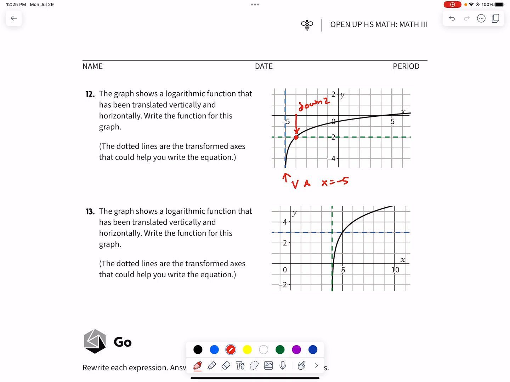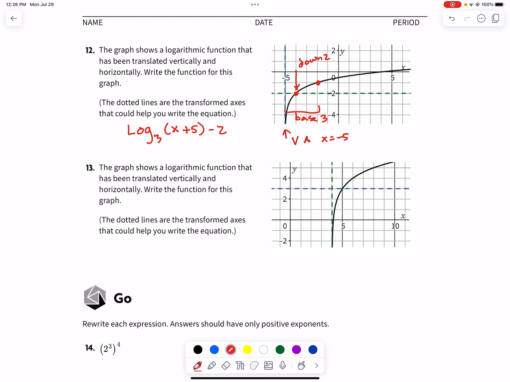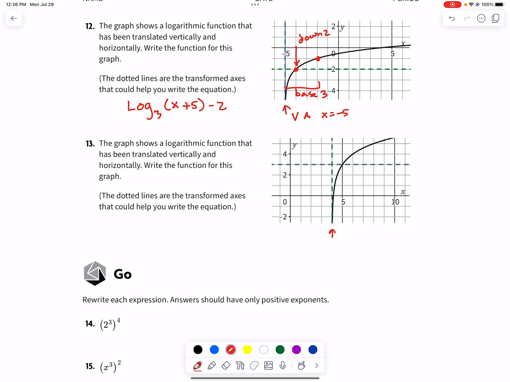If you go up from this point 1, that distance is 3. What is this? This is right 4, and up 3. And then up, that distance is 2, so it is base 2.